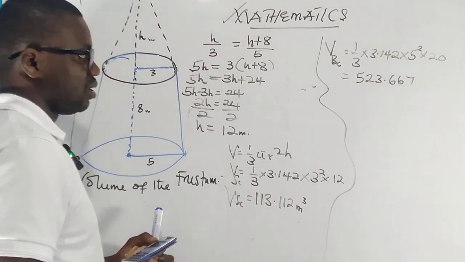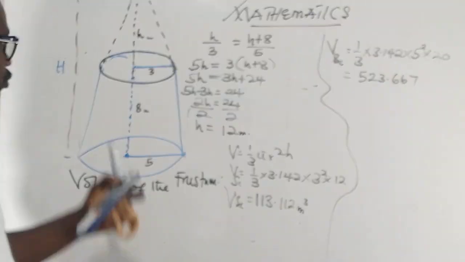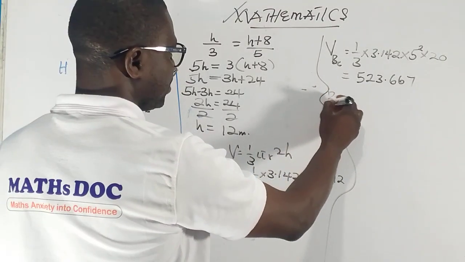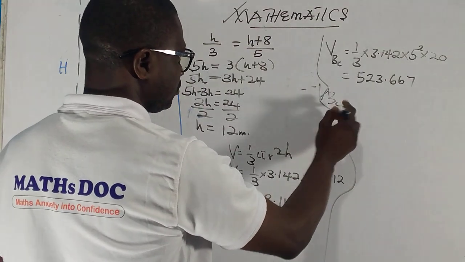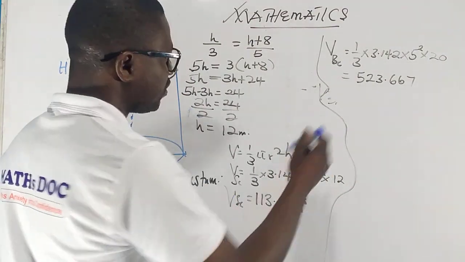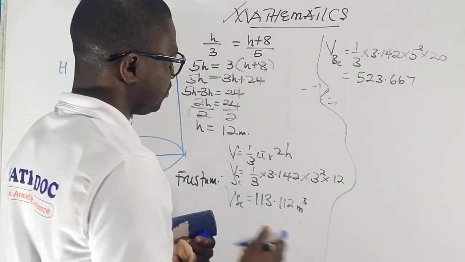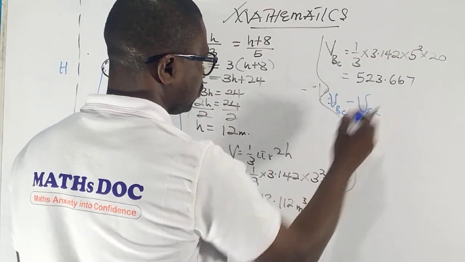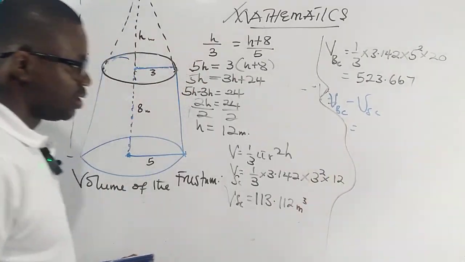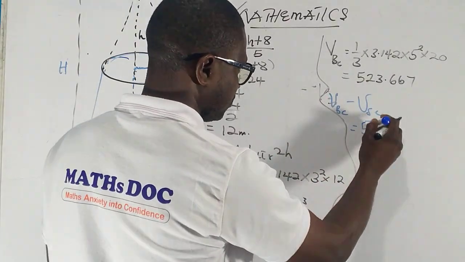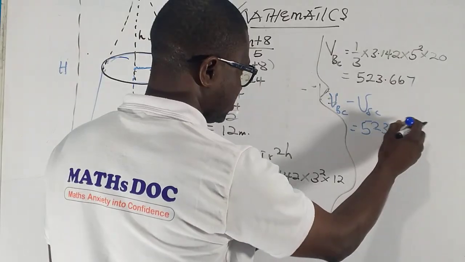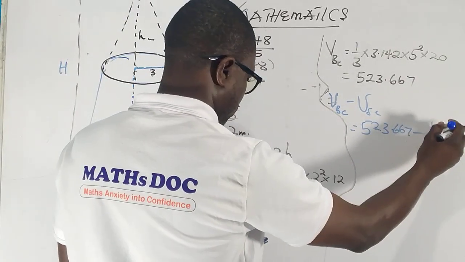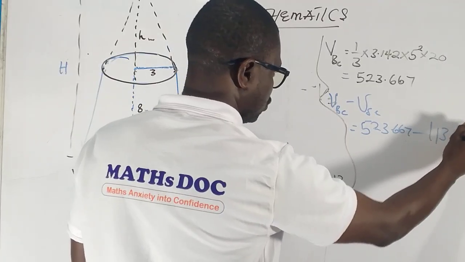523.667. Now to get the volume of the frustum, that is, the volume of the bigger cone minus the volume of the smaller cone, the part that was truncated. So we have the bigger cone, 523.667, minus 113.112.